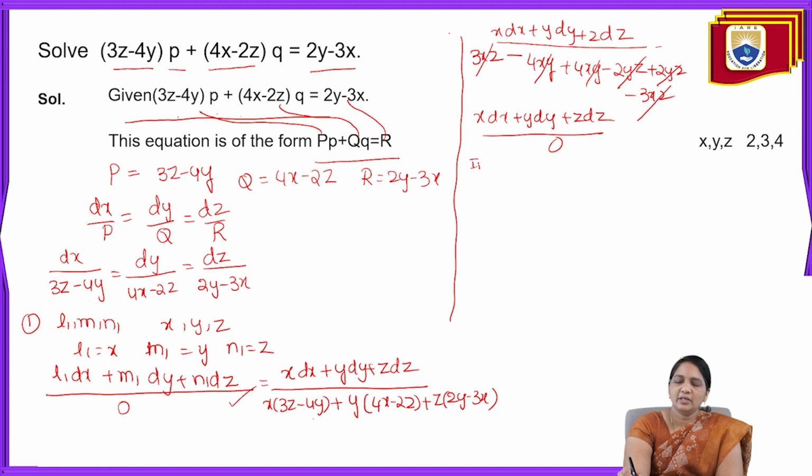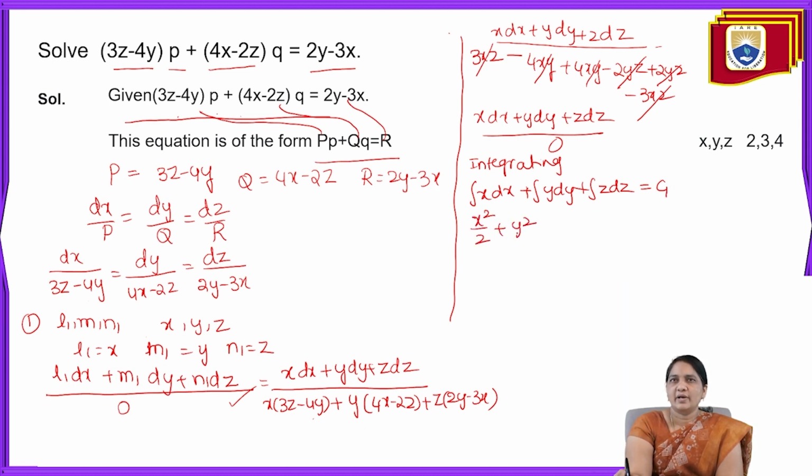Now I can integrate the given value. So integral x dx plus integral y dy plus integral z dz equals some constant. So here x square by 2 plus y square by 2 plus z square by 2 equal to c1.